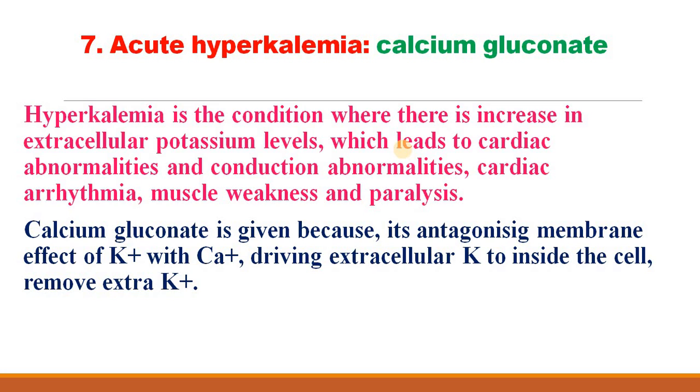It will push the extracellular potassium into the cell, driving it inside and removing the extra potassium present extracellularly. That's why calcium gluconate is the drug of choice in acute hyperkalemia.